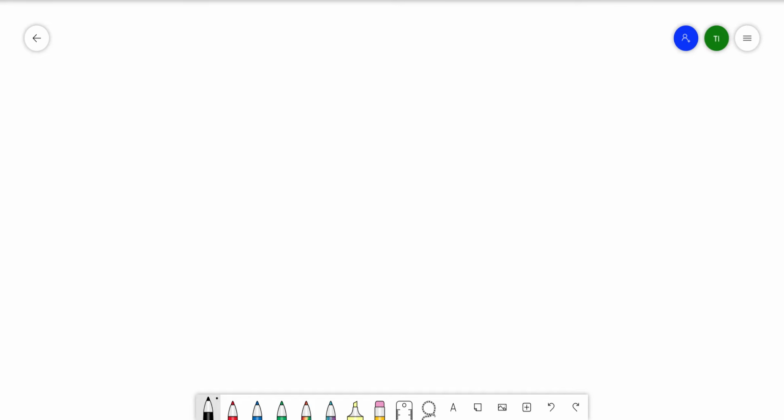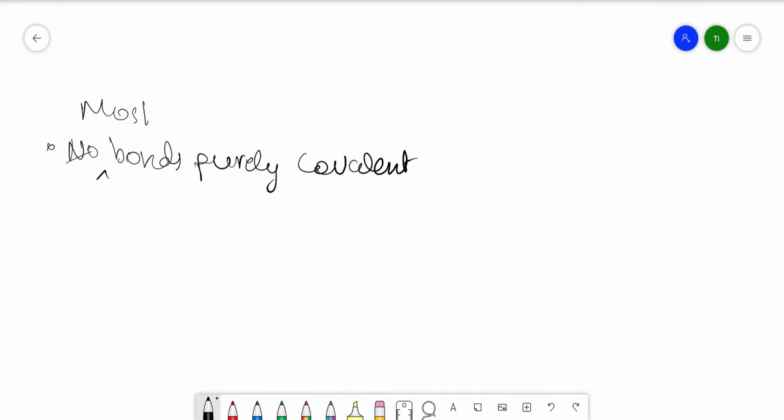That's all well and good, but there's also something else that you need to keep in mind, and that is hybridization. Another thing to keep in mind is that most bonds are not purely covalent or purely ionic.